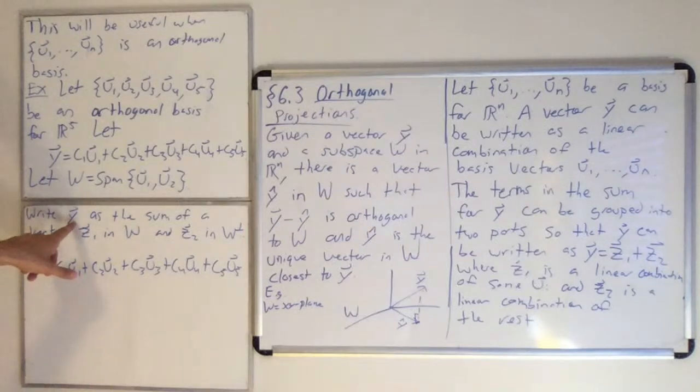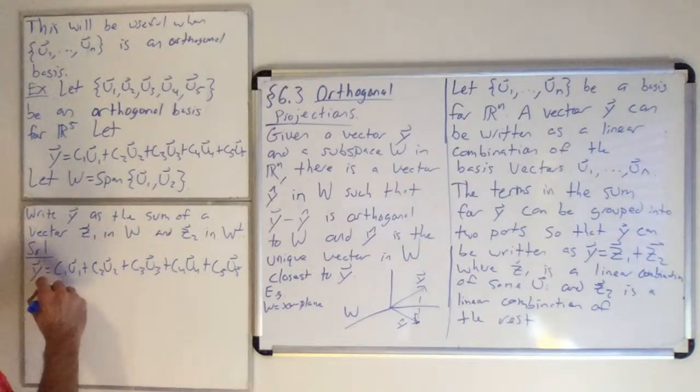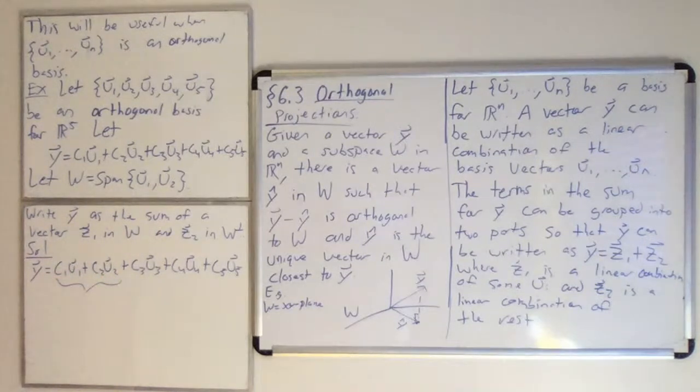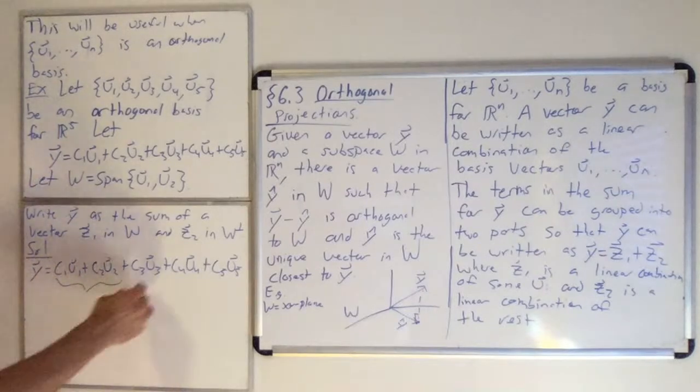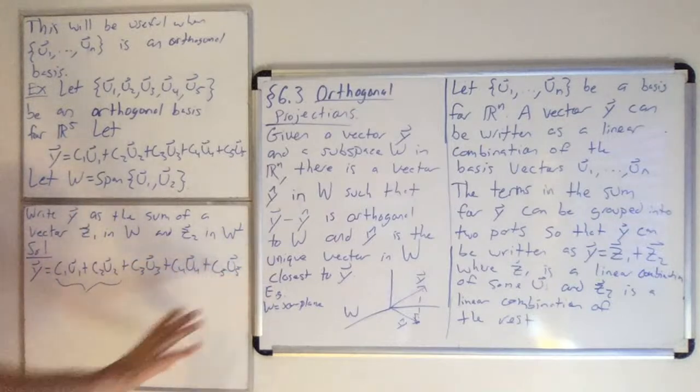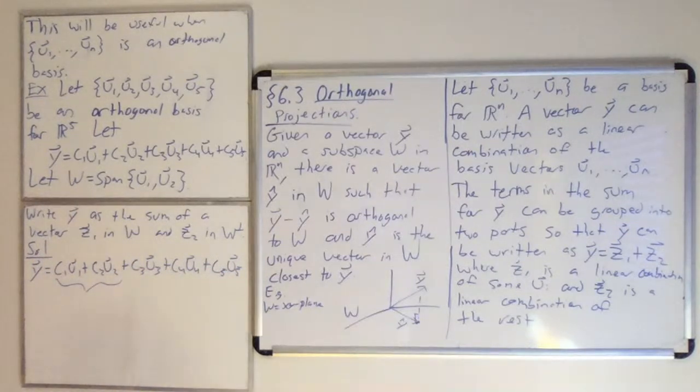We want to write y as the sum of vectors z1 in W. So let's take the terms that live in the span of u1 and u2. These terms live in the span of u1 and u2. These terms do not. So we'll take this to be z1, and everything else is z2.